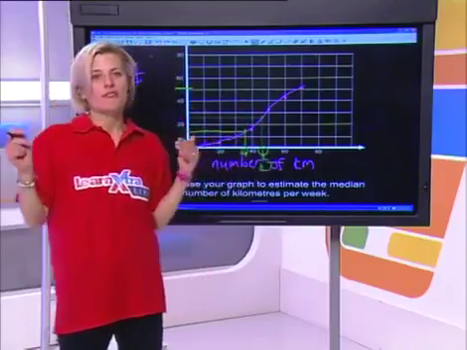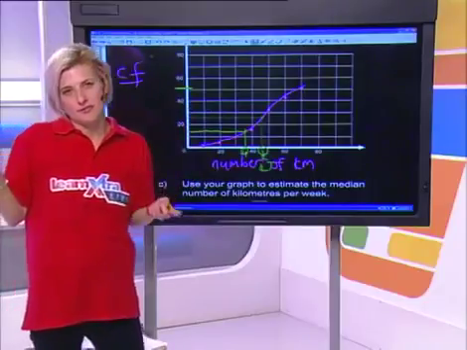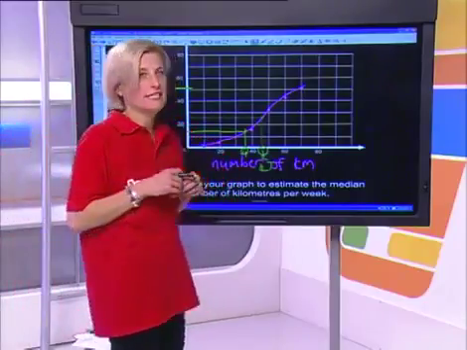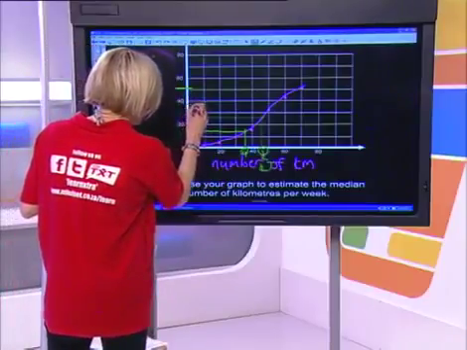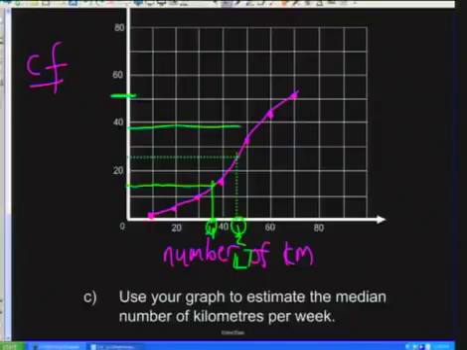In other words, halfway between 25 and 50, so halfway between 25 and 50 is 37,5. And again, it's not always going to be perfectly accurate, but as long as you're able to show what you were doing, that shouldn't be a problem. And there's my Q3. So I can definitely say that Q1 is in the class interval 30 to 40, Q2 is in the class interval 40 to 50, and Q3 is from 50 to 60.